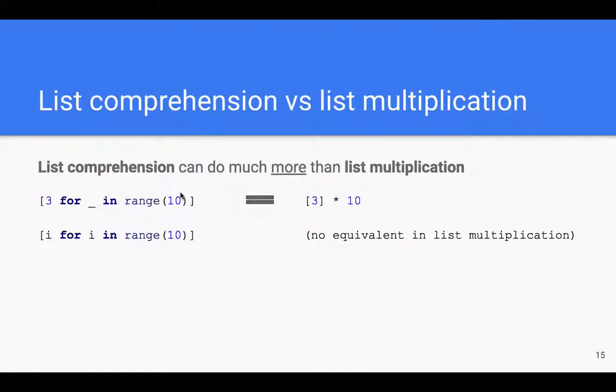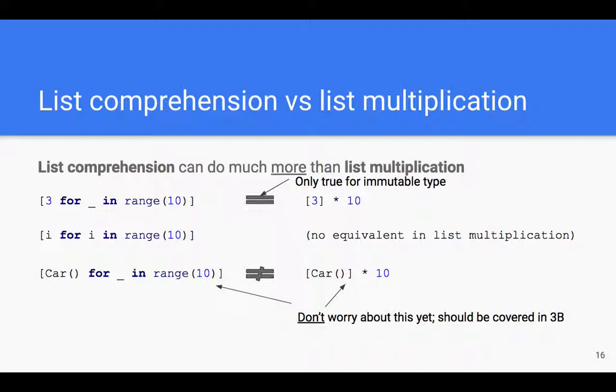Also, one more thing I want to point out: even though I said that if you want a list replicated a number of times, list multiplication is the same as list comprehension, there is a difference. These two are only equivalent if the type of the element, this expression here, is an immutable type.